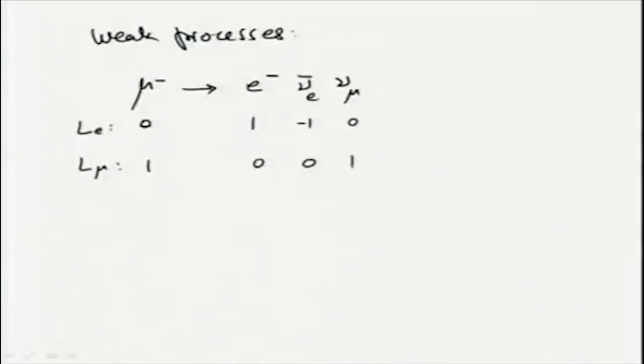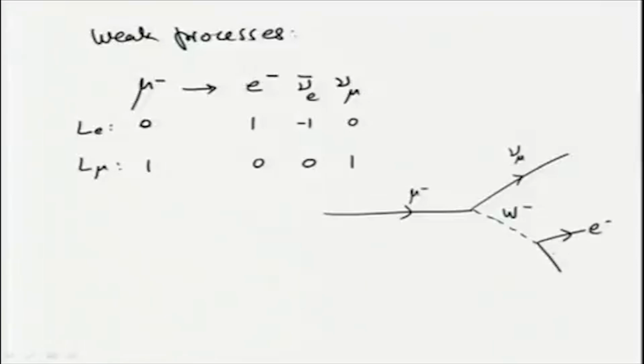For example, the antineutrino which is coming out from beta decay will not give a reaction like this, say for example. So, this is one weak process. Diagrammatically, we can represent this as a muon going into nu mu and emitting a W minus, which will go into electron and electron type antineutrino.